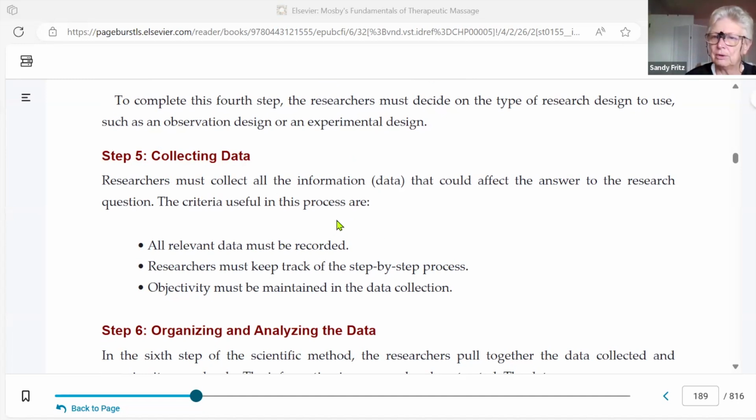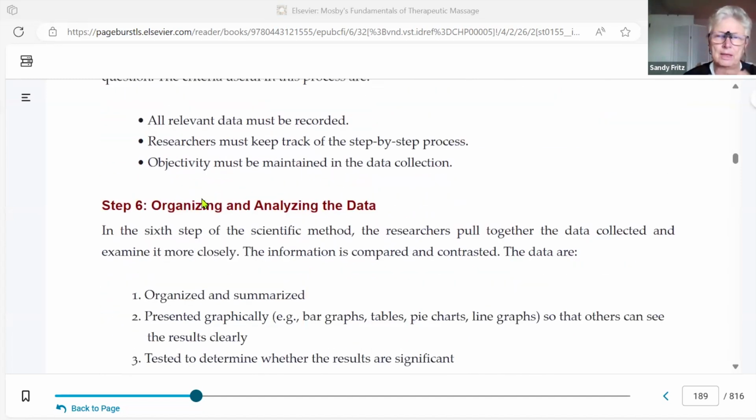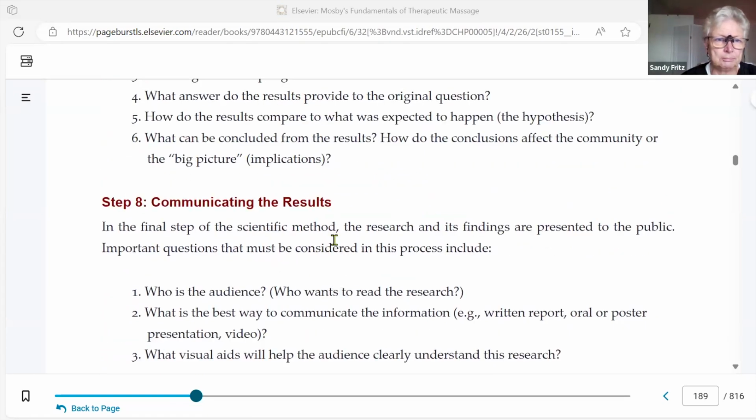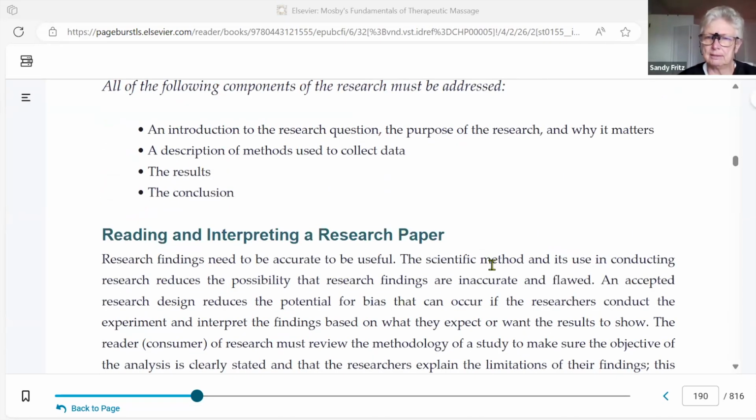Did it not work? Were there things that occurred that we hadn't anticipated? And then how you would report that and bring that forward so that it's understandable by other people. So that is kind of the overview of how research is conducted.